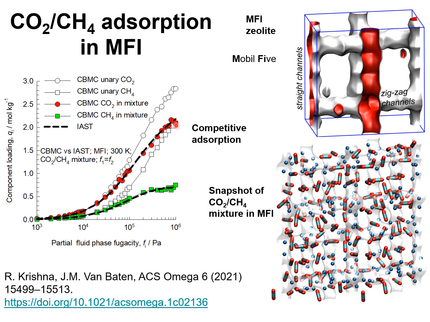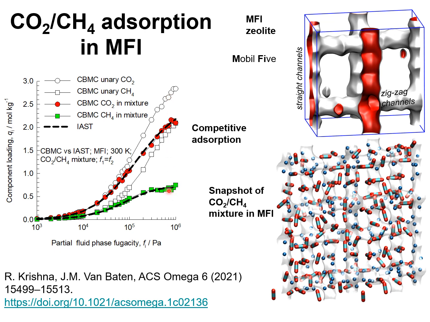We note that if we compare the component loadings for CO2 in the mixture with the unary CO2 loading, there is a reduction in the loadings of CO2 in the mixture when compared to the unary CO2 isotherm.